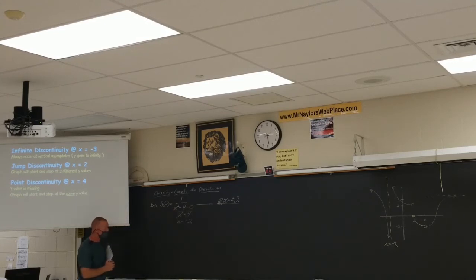Okay, now here's the part where you kind of have to use a little bit of a mixture of knowledge. Since we've studied this for the last week or so, you would say, what is going to happen at plus or minus 2 when I have a fraction like this?